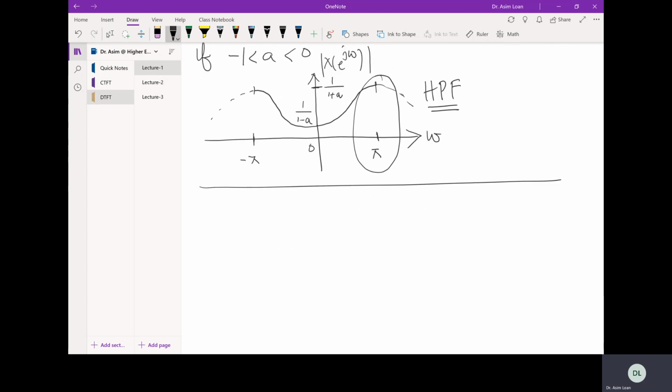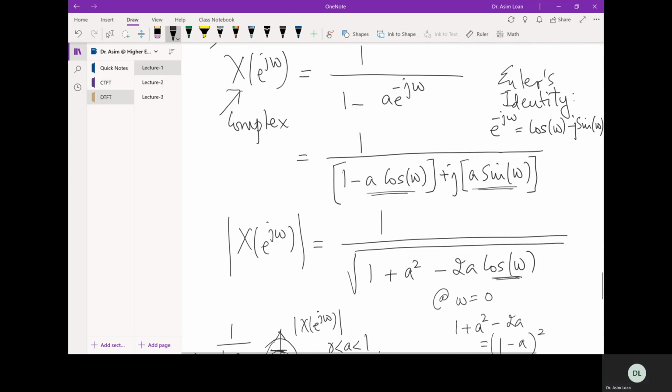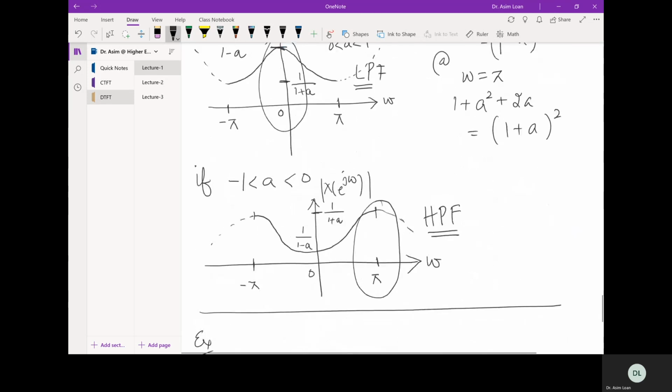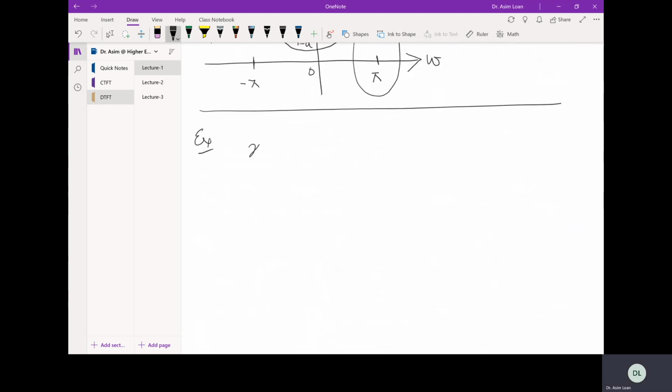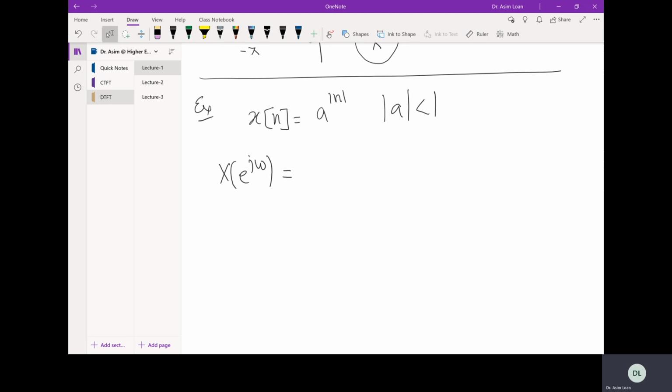Okay, let's look at another example. x of n is equal to a to the absolute value of n. This is exactly the same example that we did for the continuous time Fourier transform, where we had e to the minus a absolute value of t. Again, a is between plus and minus 1. X of e to the j omega now has two sums.